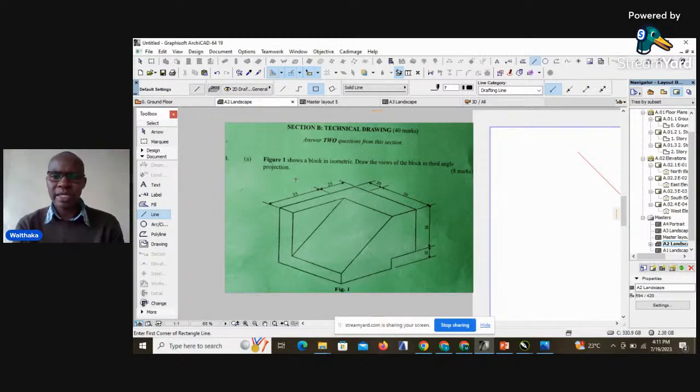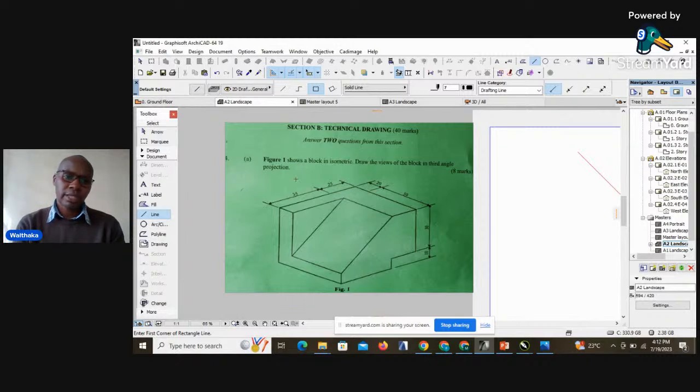It's just a simple one, but it will help us to understand the concepts of orthographic projection in a better manner, because we want to use this example to see how we would project it in case it is a question in an exam where we are required to project it in either first angle or third angle projection.